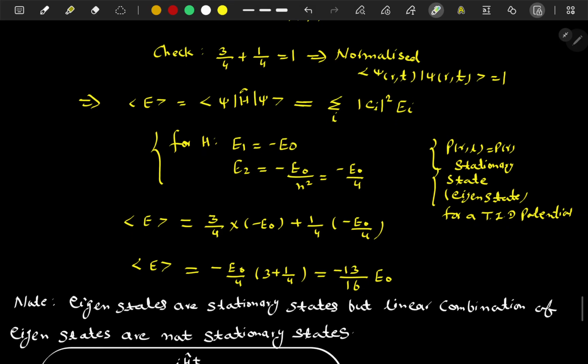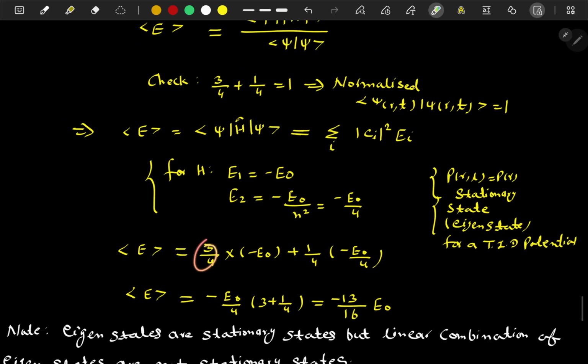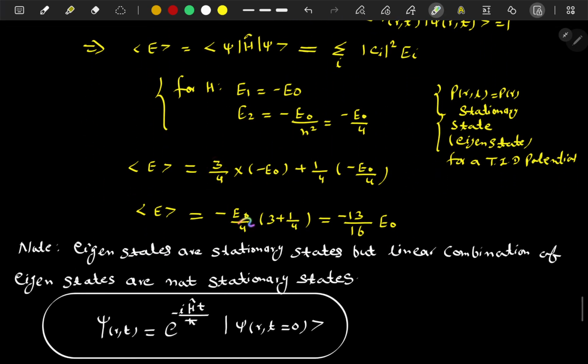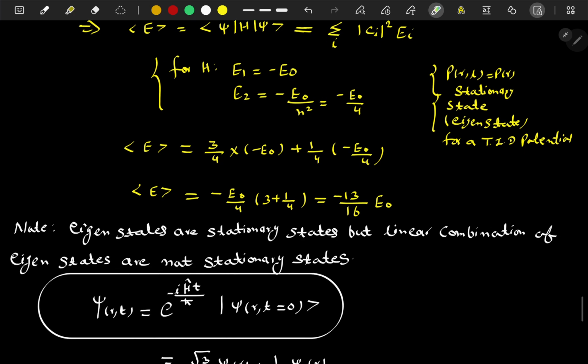So the average energy is c1 square E1 plus c2 square E2. C1 square is 3 by 4 and C2 square is 1 by 4. So c1 square E1 is minus E naught times 3 by 4, plus c2 square E2. When you solve it, you get minus 3.16 E naught.